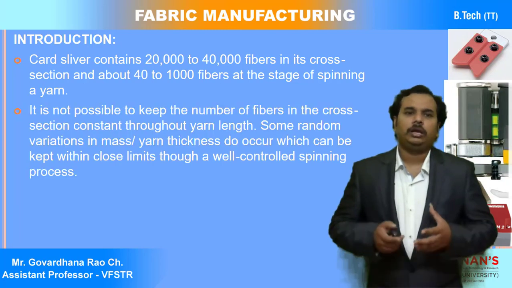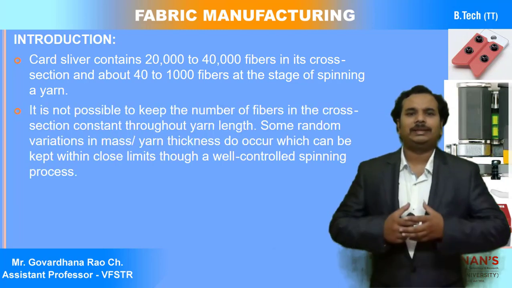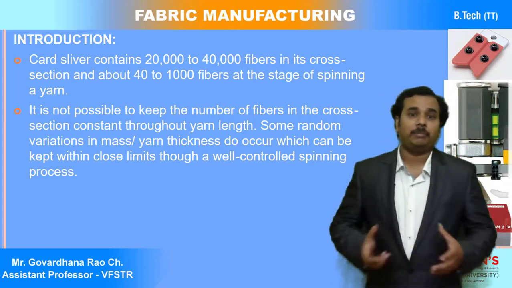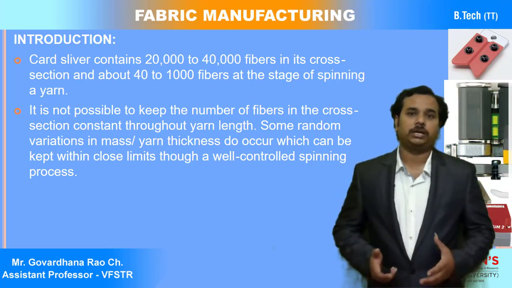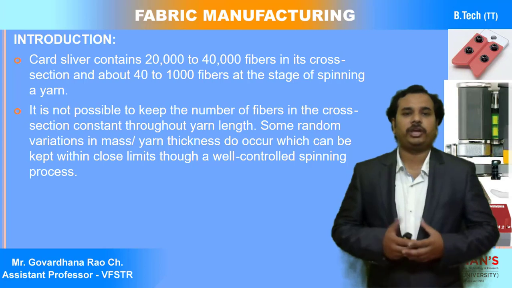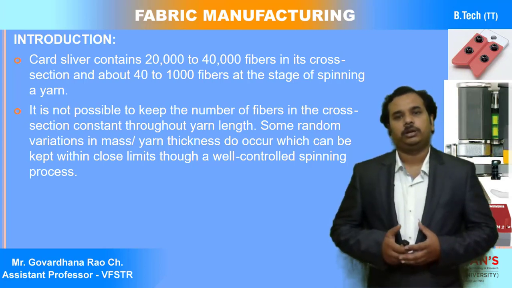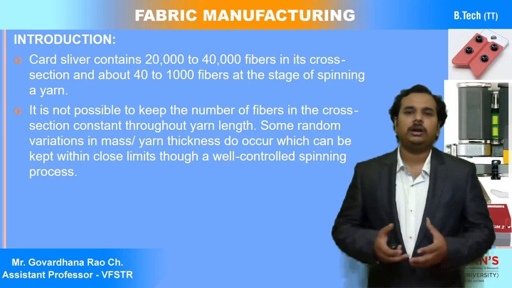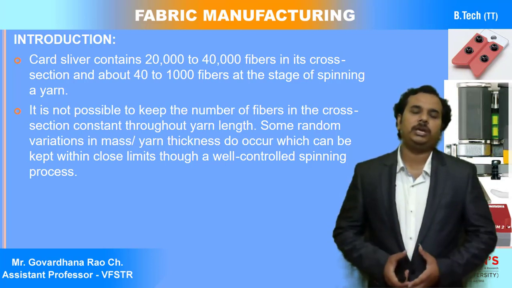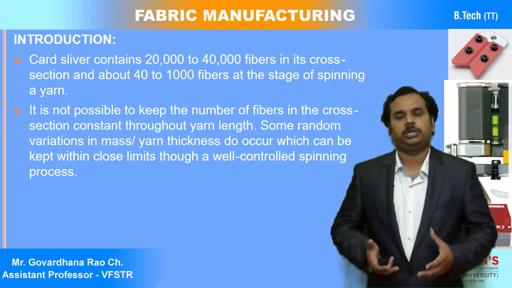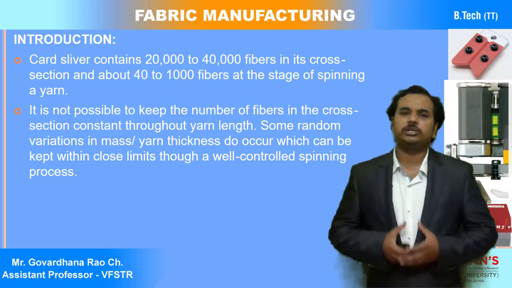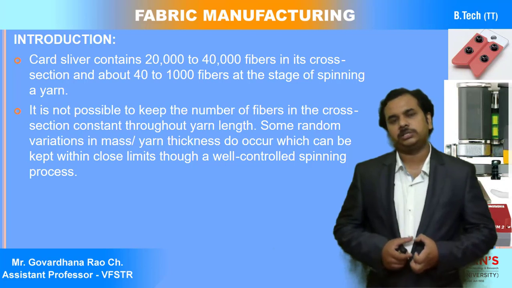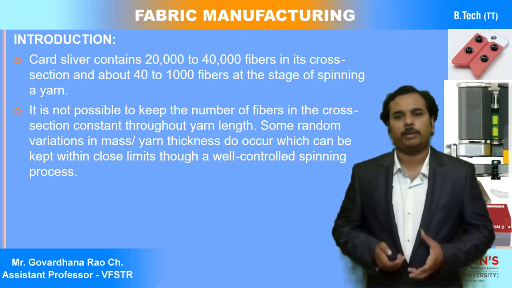It is not possible to keep the number of fibers in the cross section the same throughout the length of the yarn. So some random variations in mass or yarn thickness do occur, which can be kept within certain limits, but it is not at all possible to keep the number of fibers in the cross section the same.